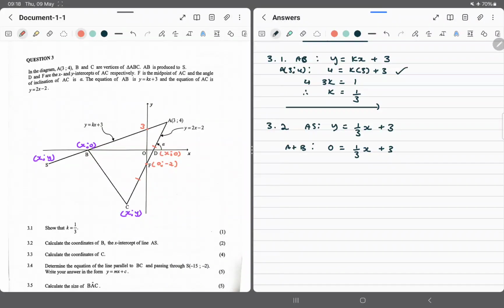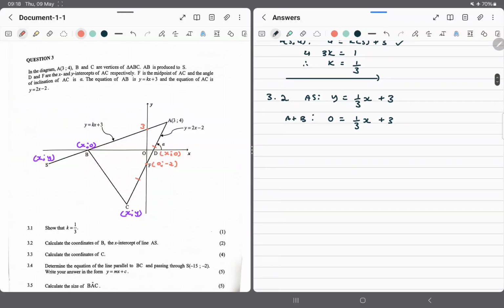The y value is 0, because this is an x-intercept of AS. This implies that a third of x is going to be minus 3 over 1.